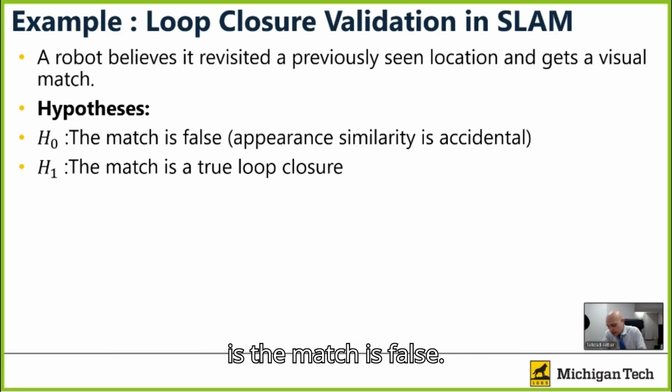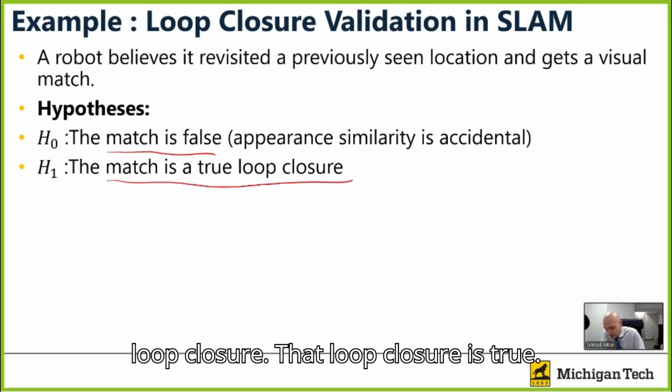The first hypothesis is that the match is false, the appearance is an accident, and it is not actually a loop closure. The second one is that it is a loop closure, that the loop closure is true.